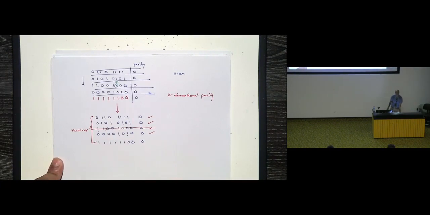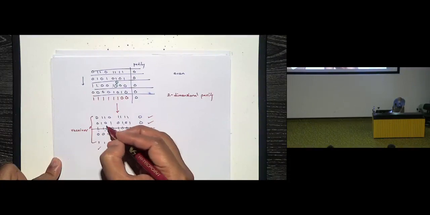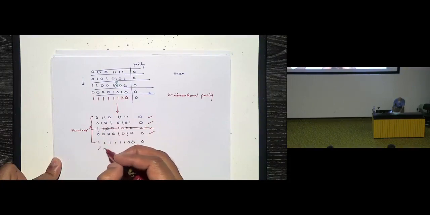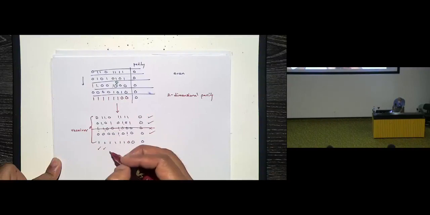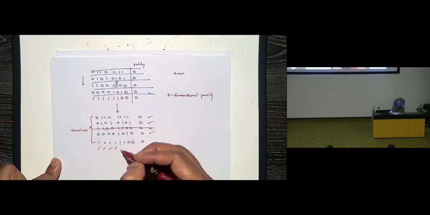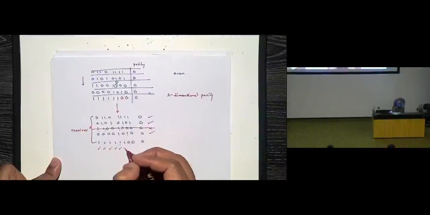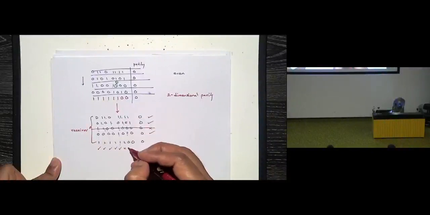Okay. Now I go column by column. 1, 2, this column is okay. 1, 2, 3, 4, this column is okay. 1, 2, this column is okay. 1, 2, column is okay. 1, 2, 3, 4, this is okay. 1, 2, 3, odd number, not okay. 1, 2, okay. 1, 2, this is okay.